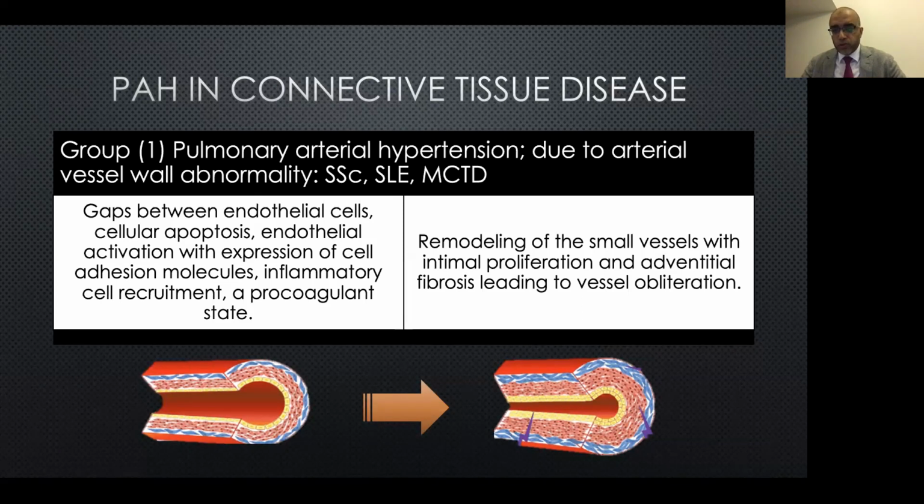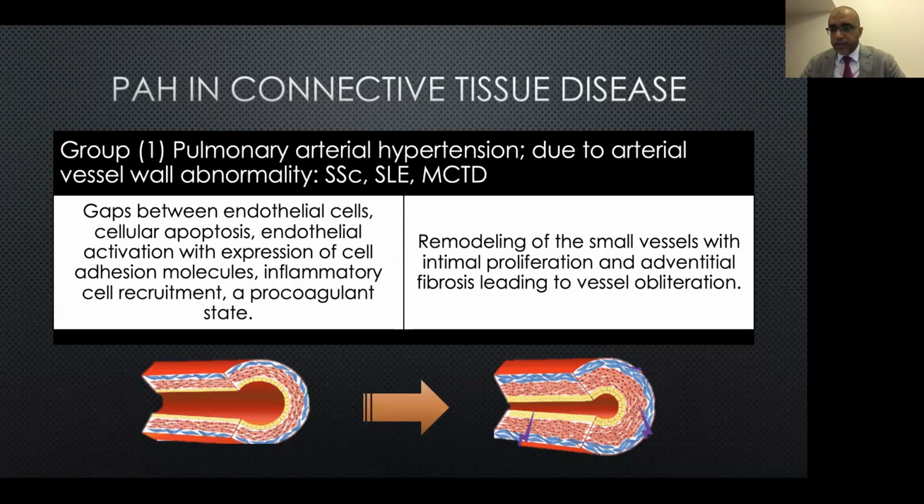A second point is the remodeling of the vessel wall itself. As we said before, in the physiological properties of the vessel wall in pulmonary arteries, it has a very thin-walled and very extendable media, with very thin smooth muscle cells inside the vessel wall.